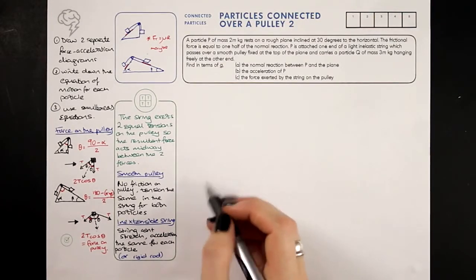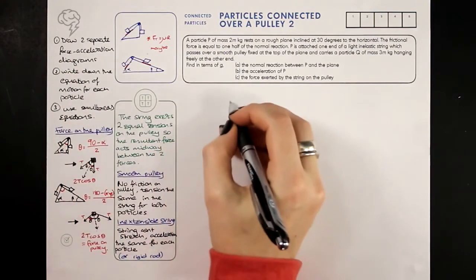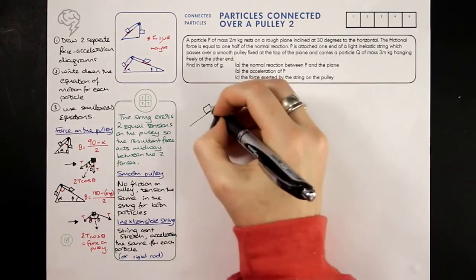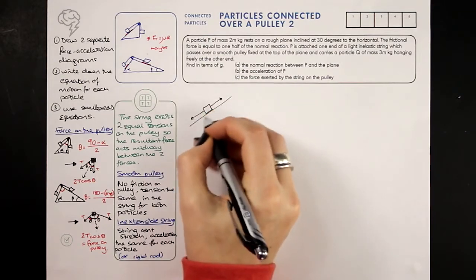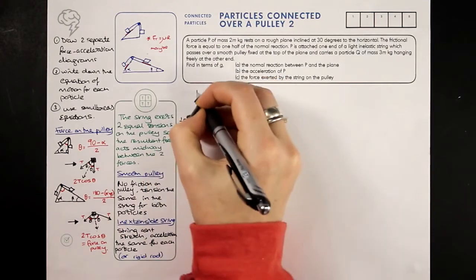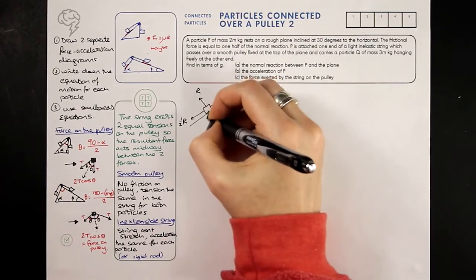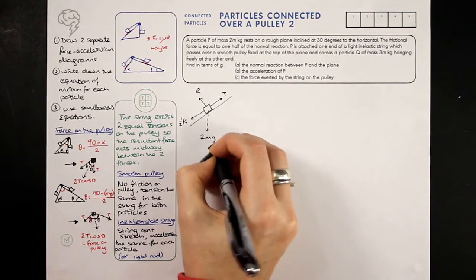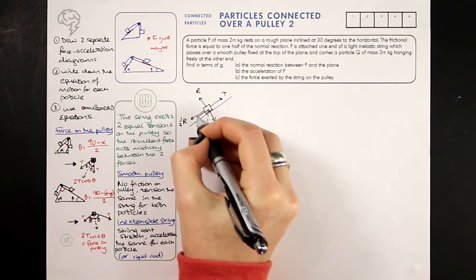We're going to draw our 2 diagrams. So the first one is going to be on the slope. Always make your diagrams a decent size so that it's not too small and it's readable for you and the examiner. We've got a rough surface, and we know that the frictional force is half of the normal reaction. There's the normal reaction. We've got the tension in the string, and then down here the weight, which is 2mg, but we're going to resolve that into these 2 directions.